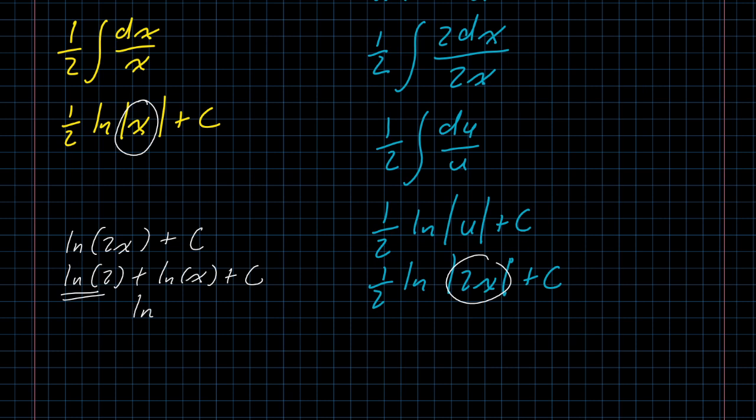So I can modify my constant of integration to absorb the natural log of 2. That's the trick to understanding what happened here. The constant of integration in the yellow version and the constant of integration in the blue version are not the same constant of integration.